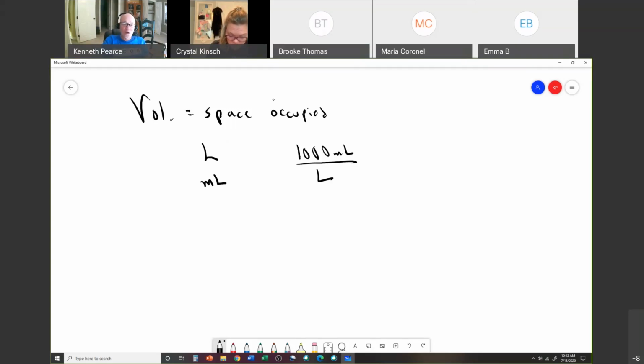By the way, a milliliter is exactly equal to a cubic centimeter, which is also called a cc.